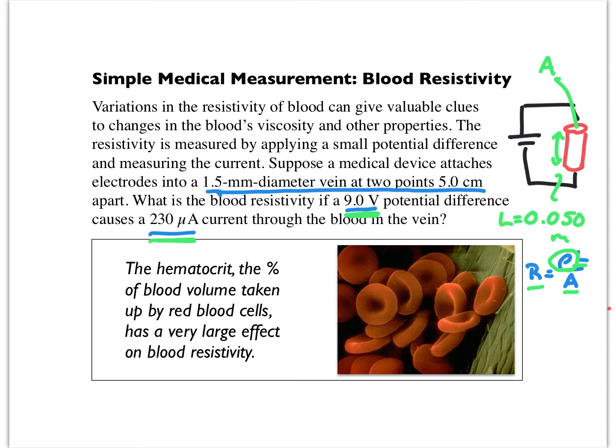So I can use my basic relationship for voltage, current, and resistance, which looks like this: I is equal to delta V divided by R. I know the current. I know the potential difference. I can find the resistance. Having found the resistance, I plug it in here. I know the length. I know the area. I can find resistivity. And that is a problem that we will solve in class.